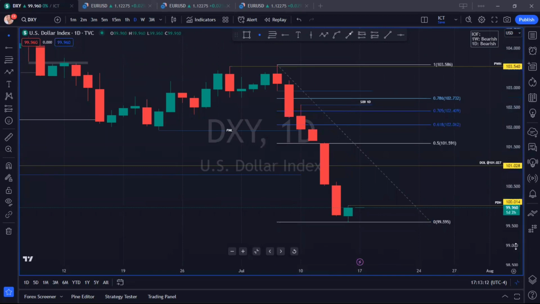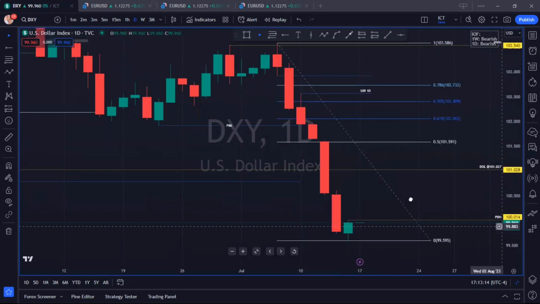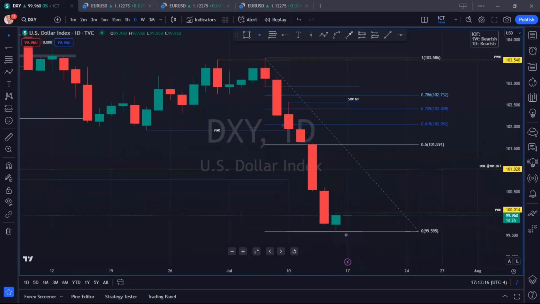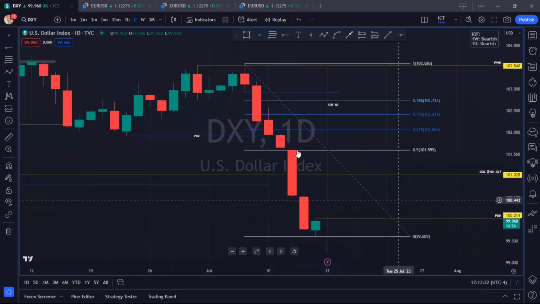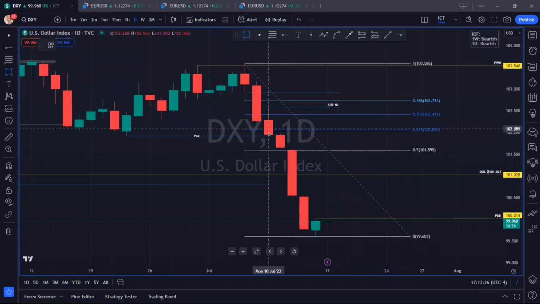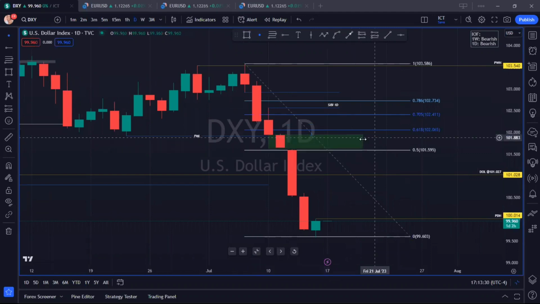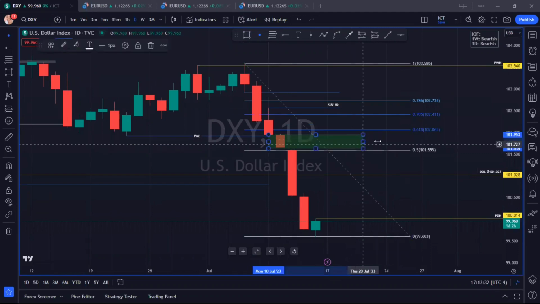If tomorrow closes forming a swing low, that's what we expect, then I'll be expecting price to reach at least the equilibrium. At the equilibrium, what do you see there? There's a gap right there. At least equilibrium. So this is the first target right there.